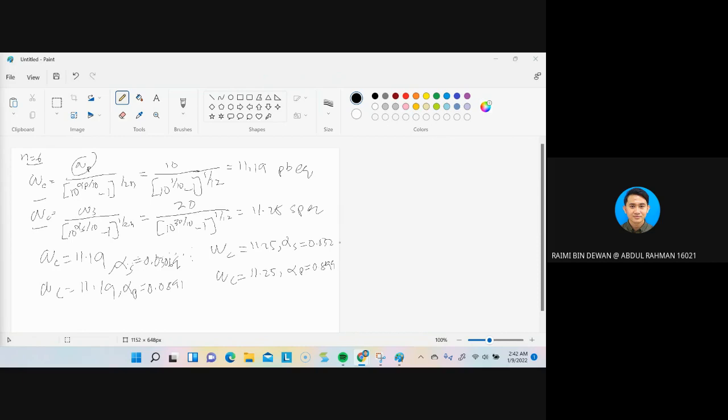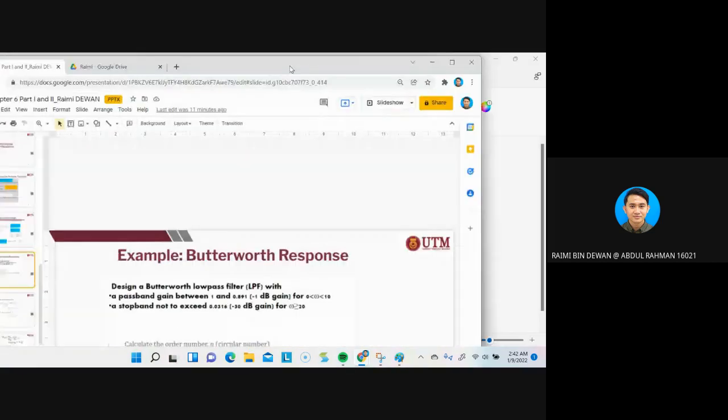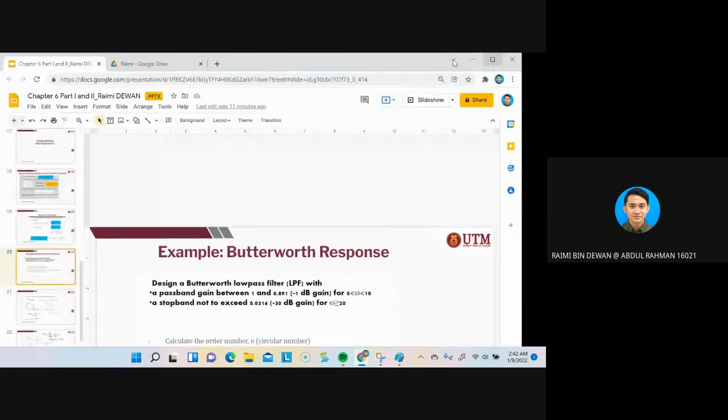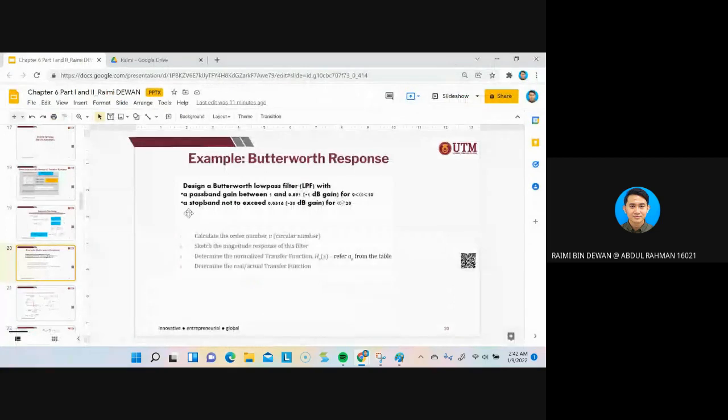You need to refer to the specification. This is the specification shown. Now we try to relate, because we need to choose which value. So this is the spec given.